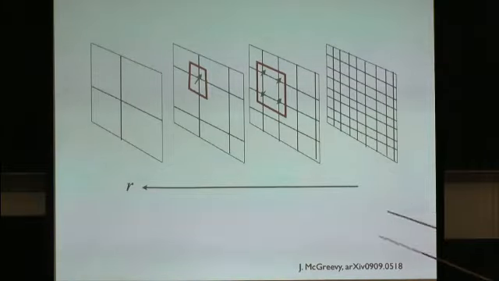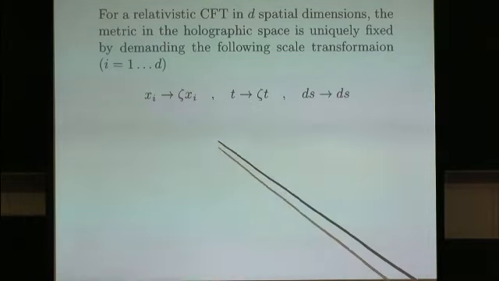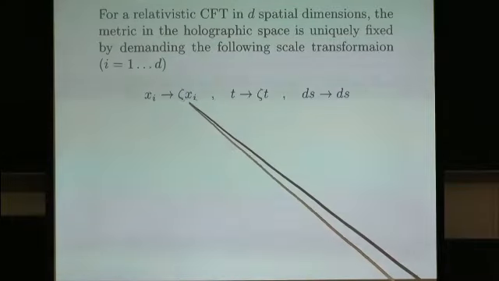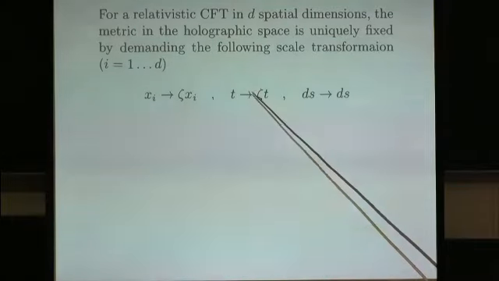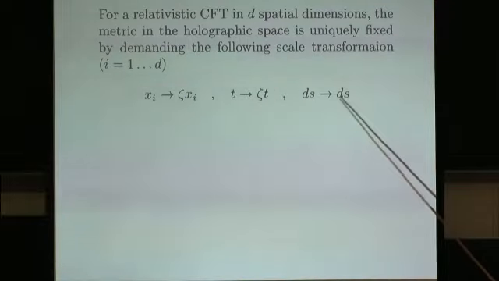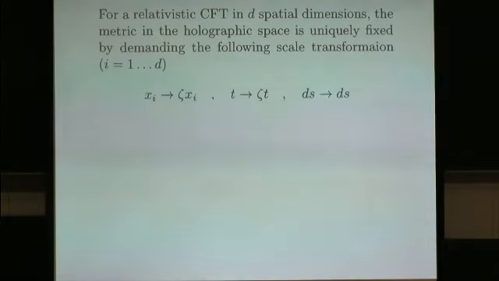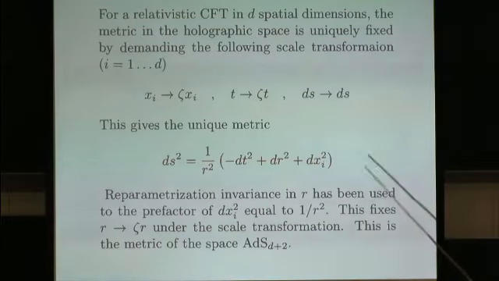So if you do the RG with R, the emergent holographic direction, then to get CFTs, you demand that when you rescale the spatial coordinates x by a factor zeta, time by the same factor zeta, because it's a relativistic field theory, and the proper distance in the full space be invariant, then the unique solution of this rescaling transformation, as John has discussed, is precisely the AdS metric, in this case the AdS4 metric, if x is in 2 dimensions.